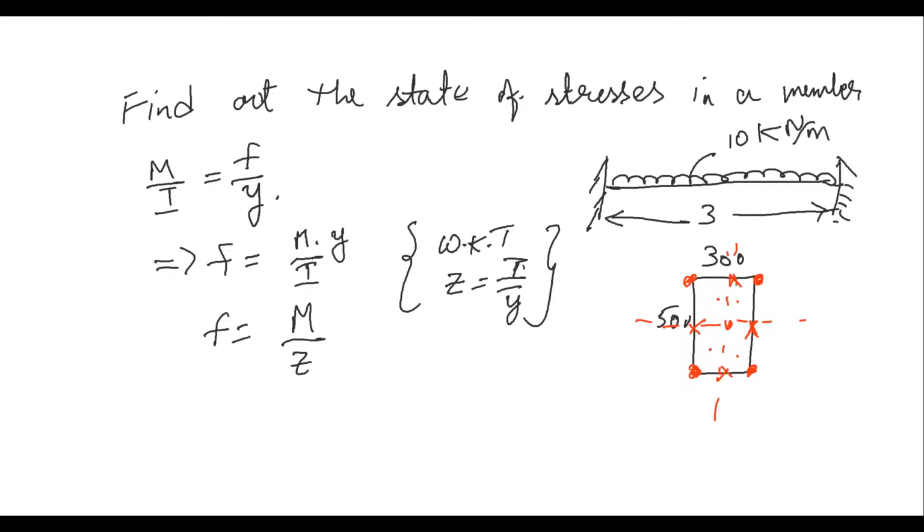Section modulus Z, how do you calculate the I value? If breadth B equals 300 and depth D equals 500, we know that I equals B D cube by 12, right? Then you know what is Y? Y equals D by 2.